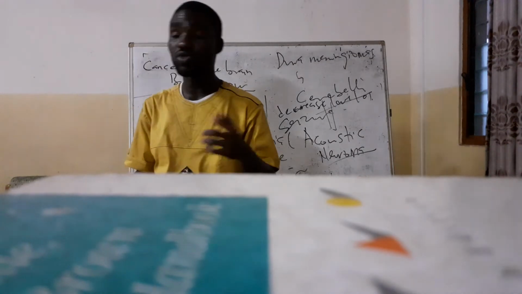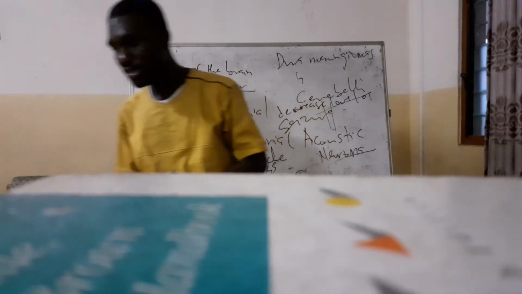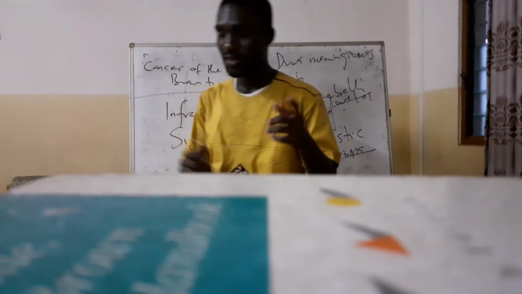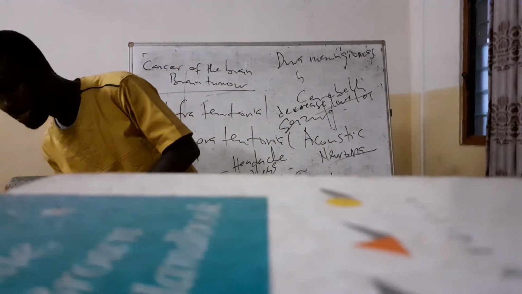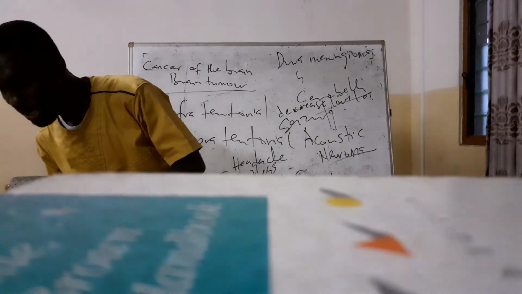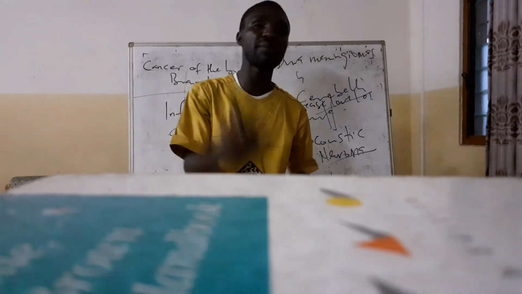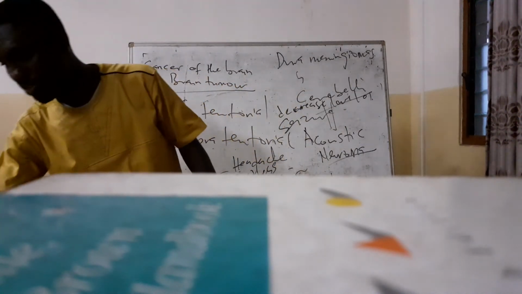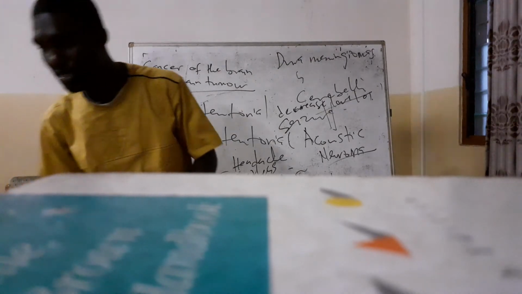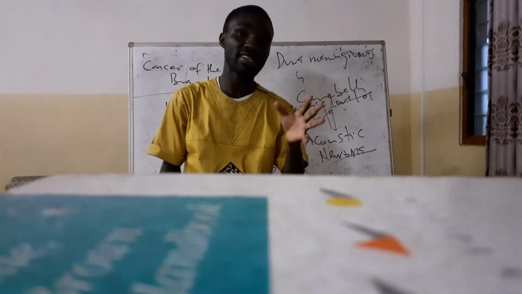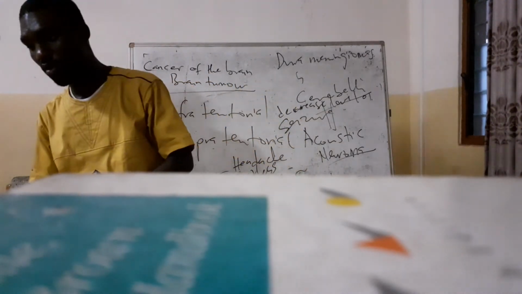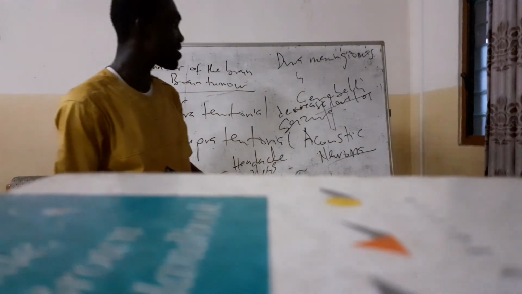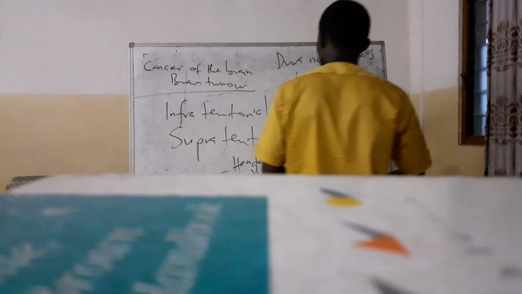It can also lead to nystagmus, right. So sometimes there is involuntary movement of the eye, and then it can lead to ataxia, hemiparesis, etc. So I'm saying that the signs and symptoms may also depend on the part of the brain that is involved.